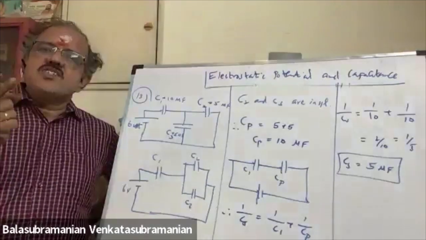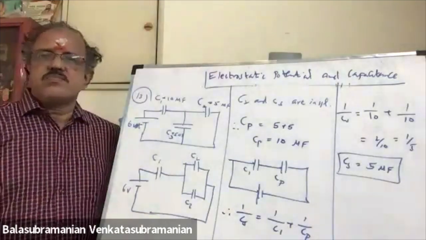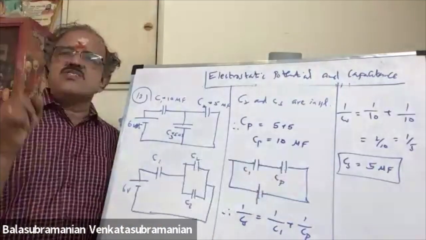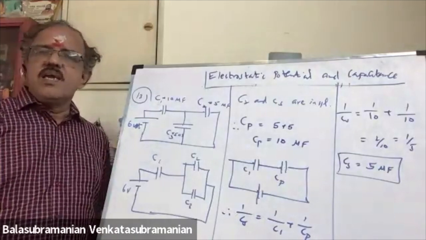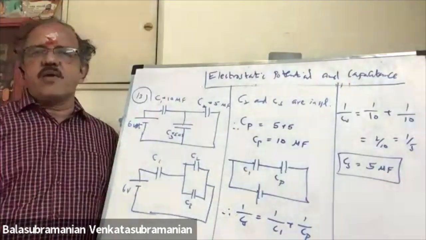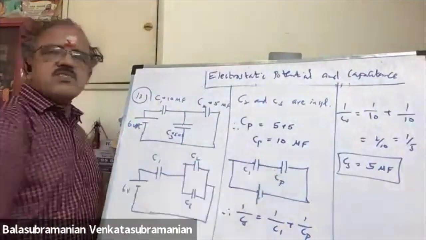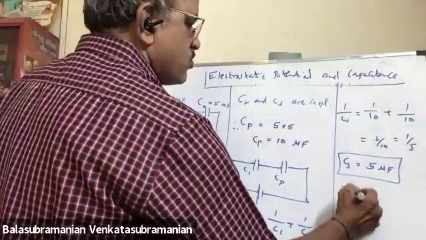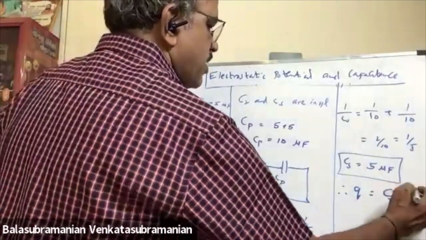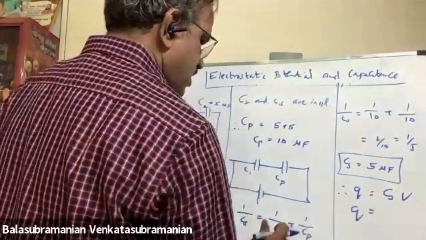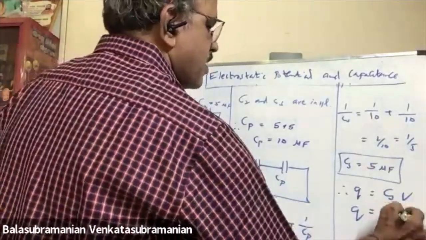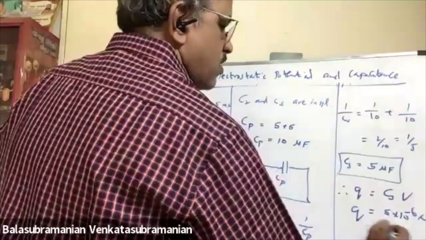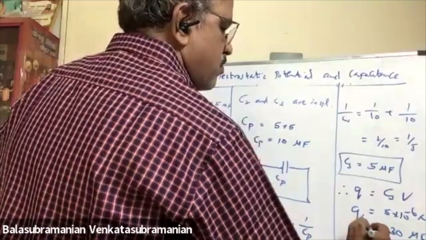Question is, what is the charge on each capacitor? Already we have discussed, in series connection, charge is same. In parallel connection, potential is same. These two are in series. Calculate the total charge. Q is equal to CV. C is 5 microfarad, V is 6 volt, so 30 microcoulomb.